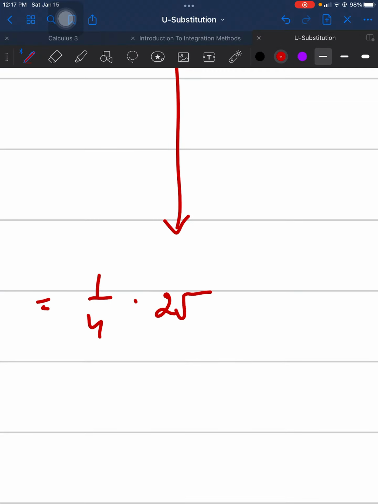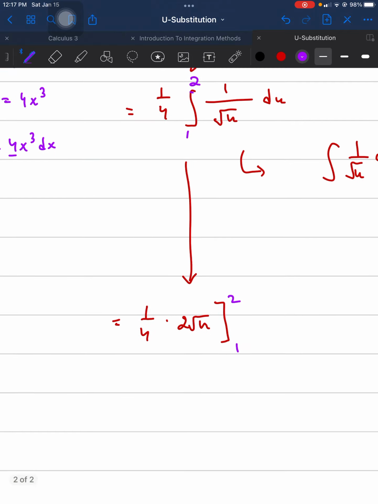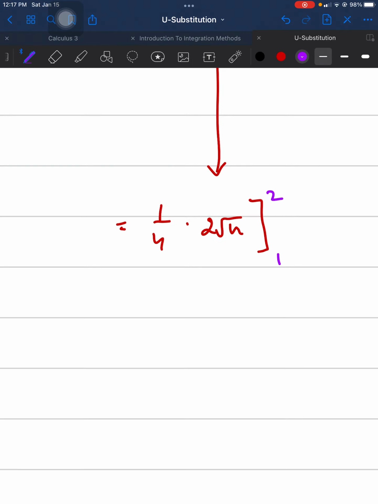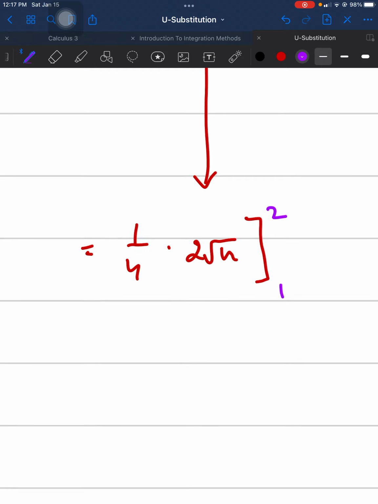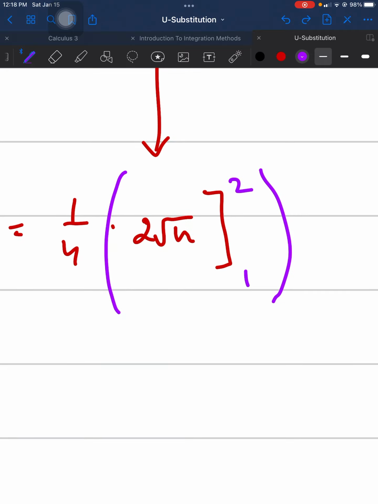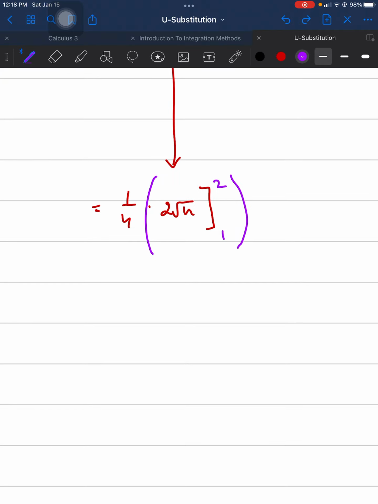So we can write 2 radical u. We know the new bounds are 1 to 2. We can simplify, actually first we're not going to simplify just yet. We're going to evaluate this separately and then multiply this 1/4 at the end. So let's evaluate 2 radical u from 1 to 2.